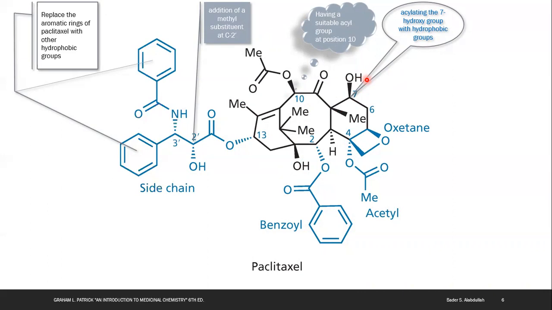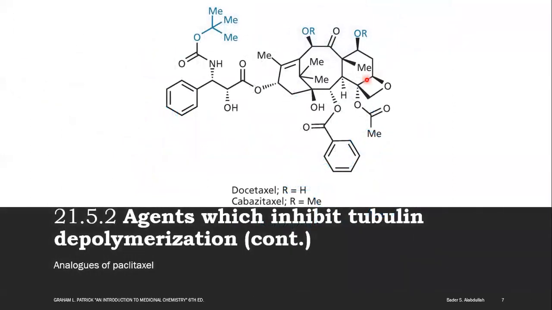That results in analogs of the paclitaxel, as you can see from this structure, which shows you the docetaxel and the cabazitaxel. The only difference between those is the R group. In the docetaxel, the R group is hydrogen, these 2 R groups, and in the cabazitaxel, the R group is methyl.